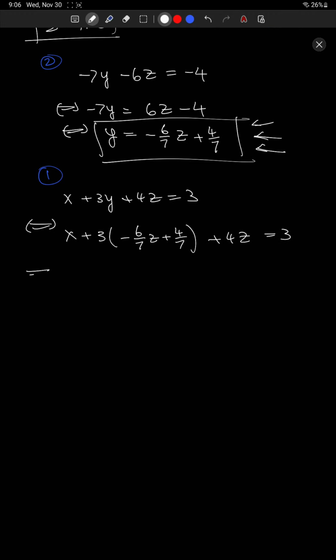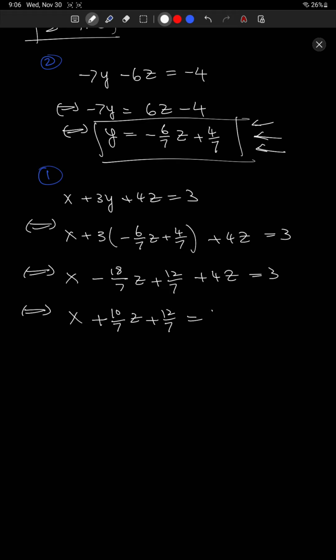Let me clean this up a little bit. This is x plus, let me write it as, minus 18 over 7 z plus 12 over 7 plus 4z equals 3. Let me combine the z's right now. This is x minus 18 over 7 z plus 4z is going to be, when I put common denominators, plus 10 over 7 z, plus 12 over 7 equals 3.